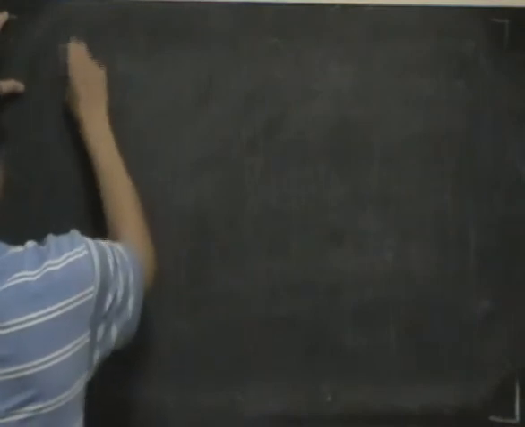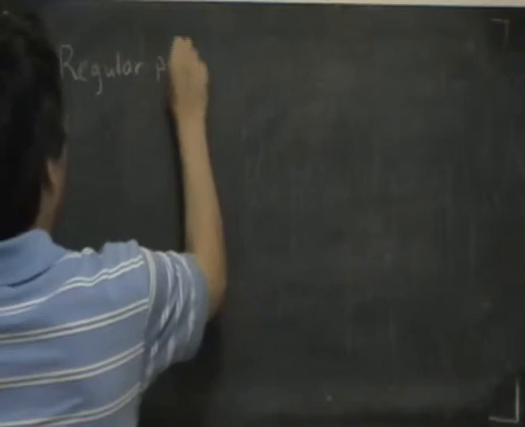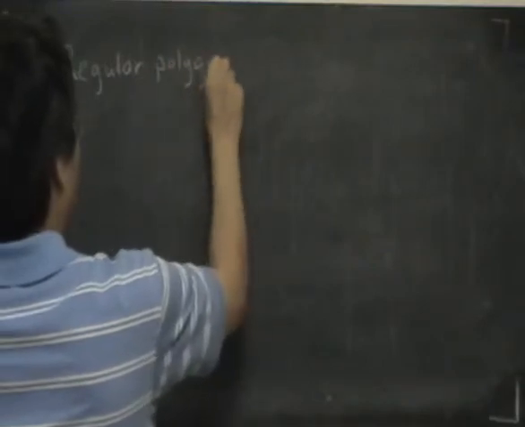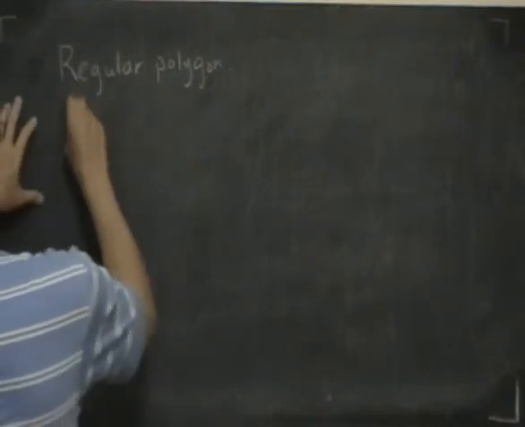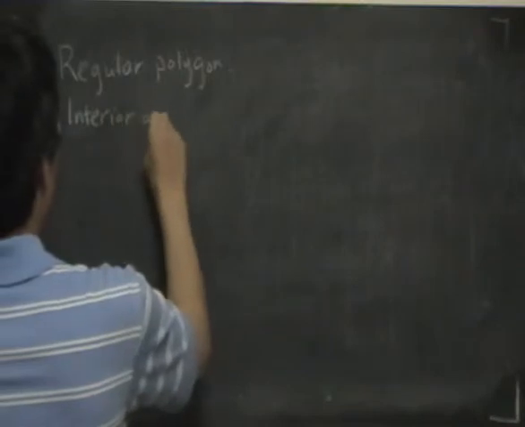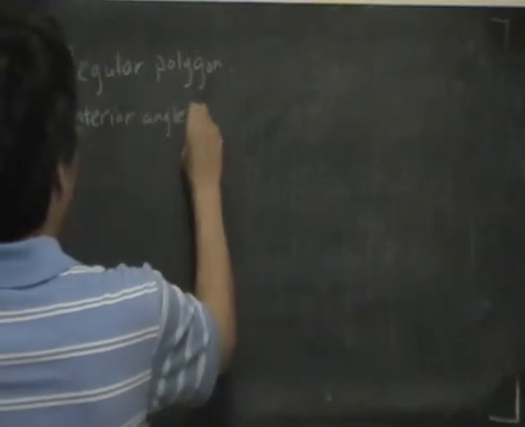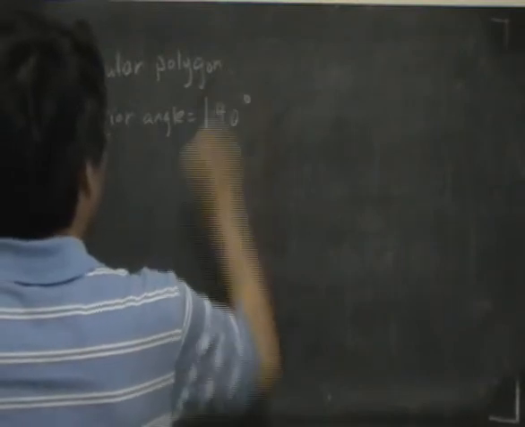Let's look at a question. Now in this question, we are given a regular polygon. We are also given that the interior angle is 140 degrees.